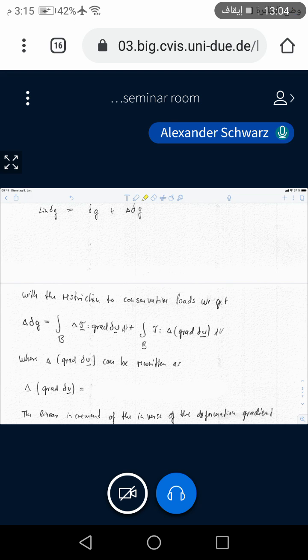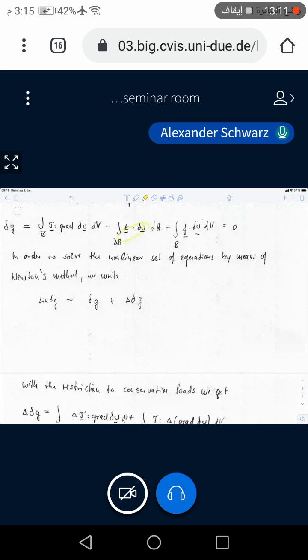Conservative load, also known as dead loads, means that the traction vector here, this guy here, is a constant. That means if I take a force, maybe I draw a small picture so that it becomes clearer. For example, you can have two situations.